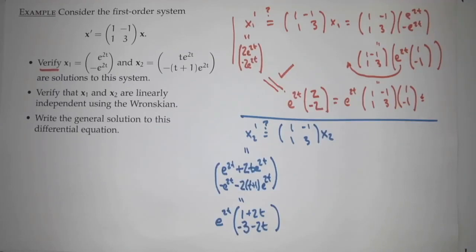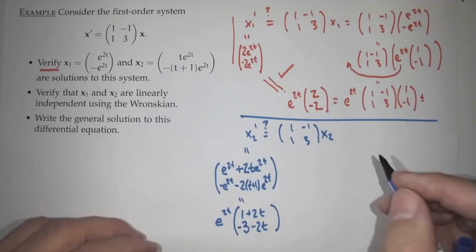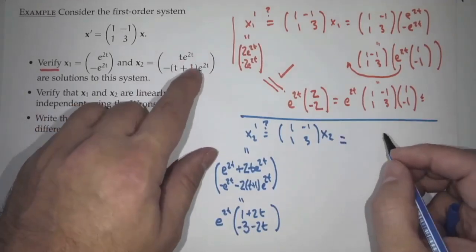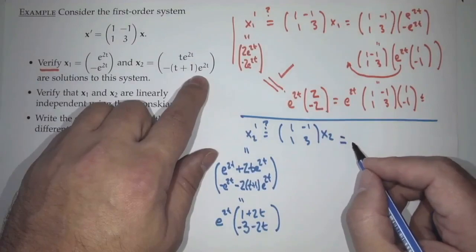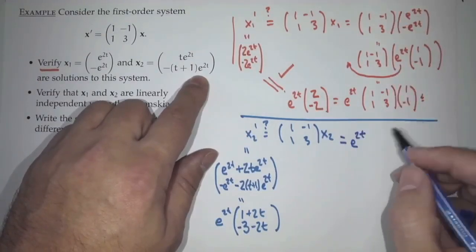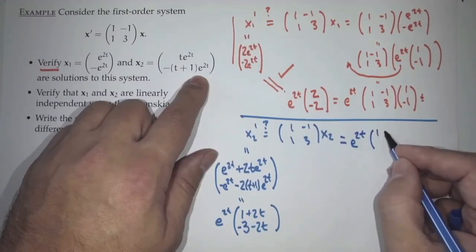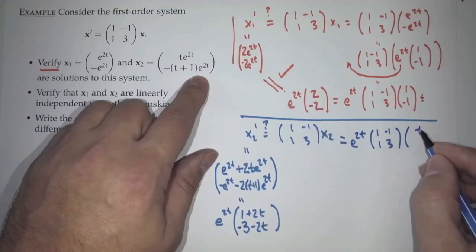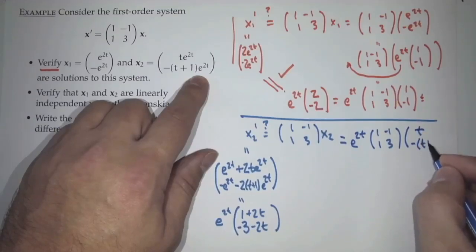All right. Well, over here, in the meantime, again, we'll anticipate. Let's go ahead and pull out the e to the 2t and move it in front, just similar as we did here. So we have 1 minus 1, 1, 3 times t and minus t plus 1.